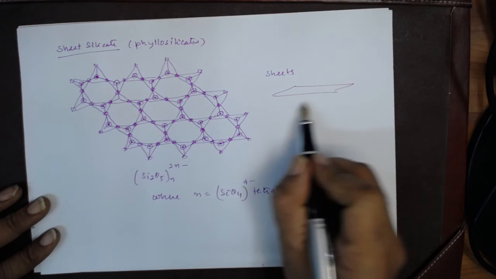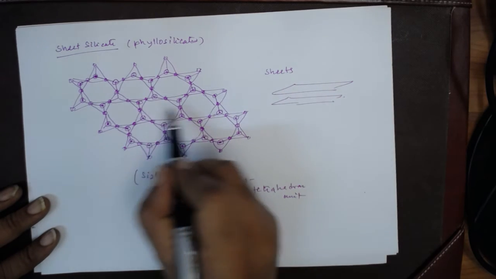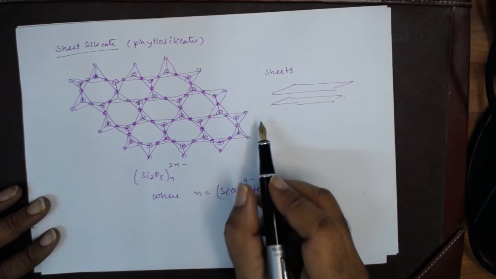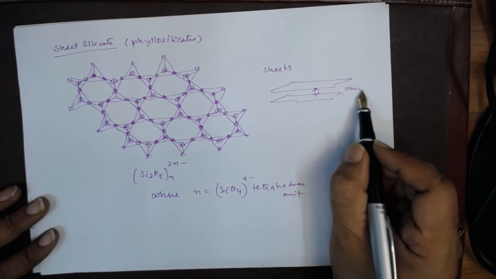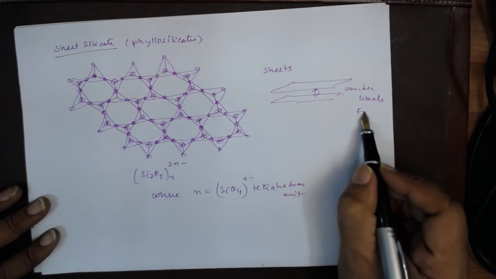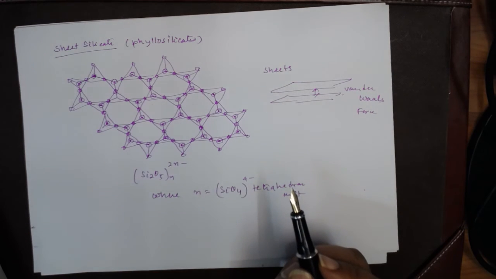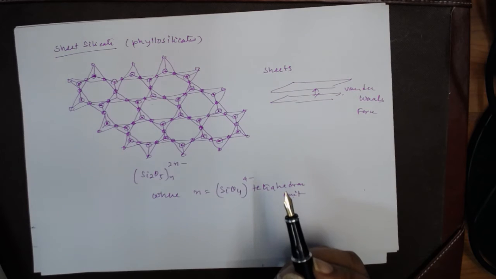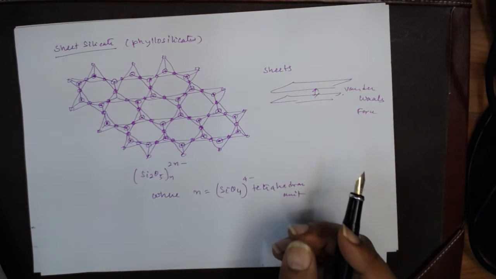One sheet, another sheet like this, and in between that you have got van der Waals force of attraction. A weak force of attraction, and they can be readily cleaved also, being a weak force of attraction.